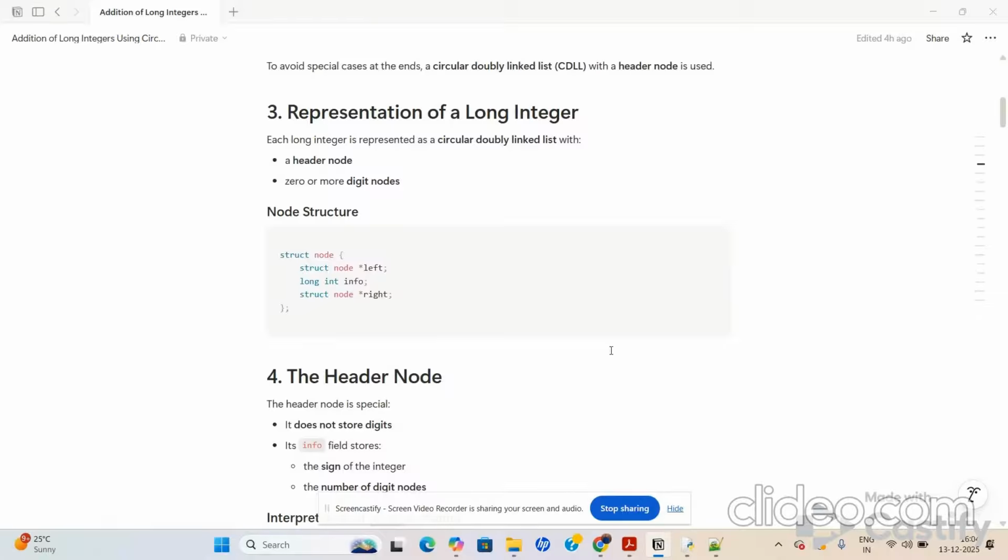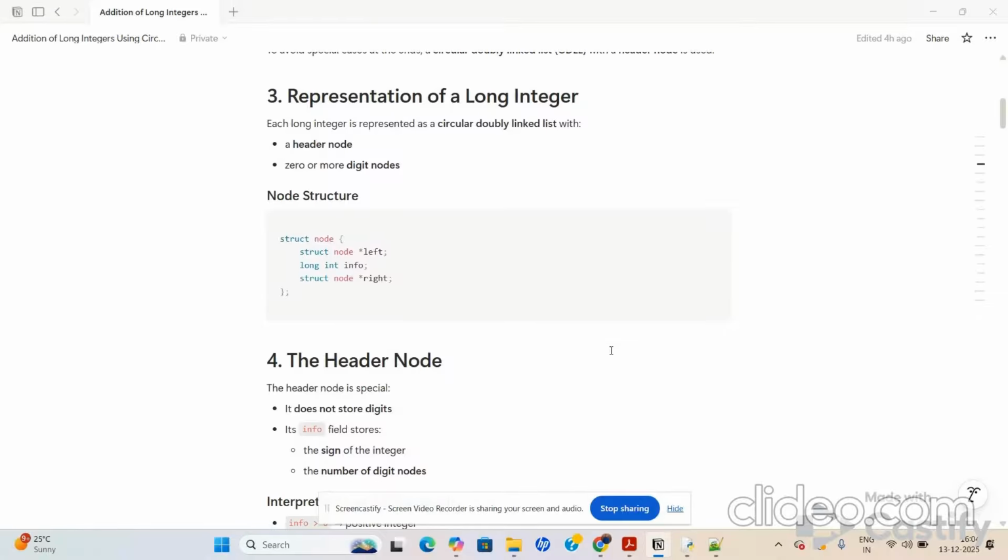Now, how do we represent our long integer? Each long integer is represented as a circular doubly linked list consisting of one header node and zero or more digit nodes. That means each node holds part of the larger integer.